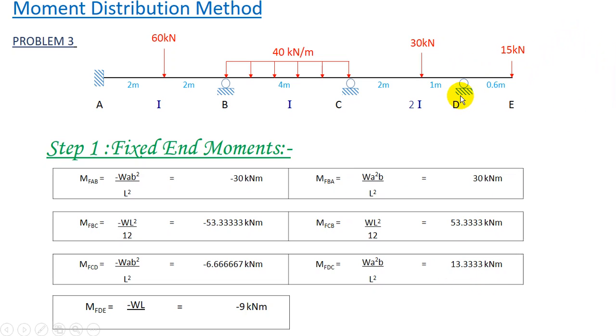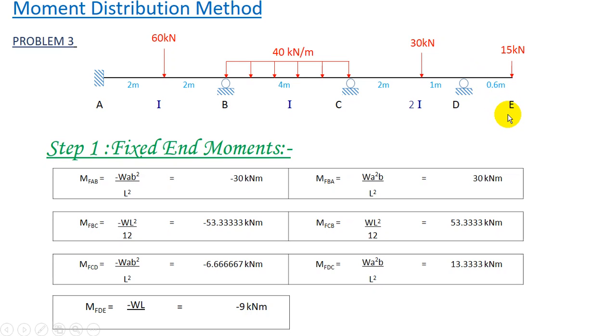MFDE: the overhang is basically like a cantilever, and the fixed end moment here would simply be a cantilever moment, that is W into L, where W is 15 and L is the overhang length, that is 0.6, which is equal to minus 9. Why minus? Because it would be a negative, since this 15 kilonewton would try to hog my beam.